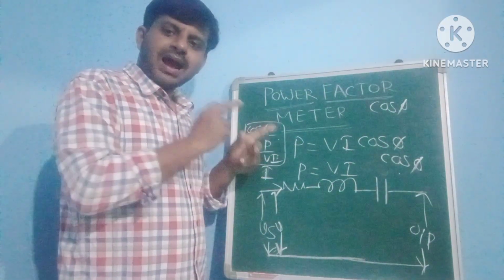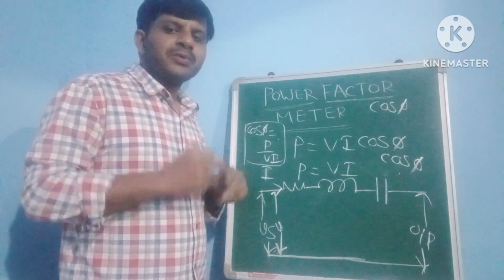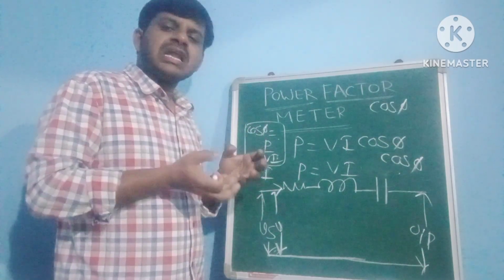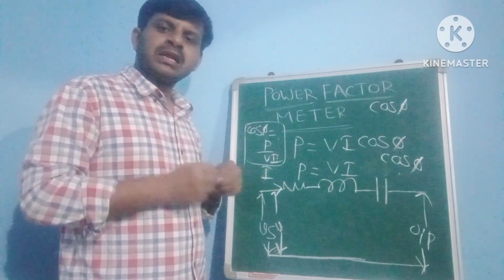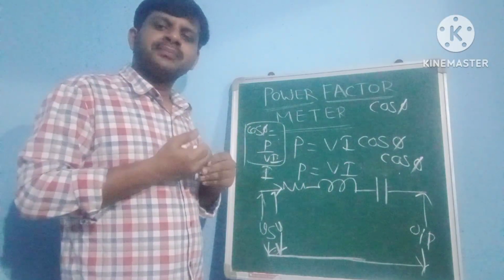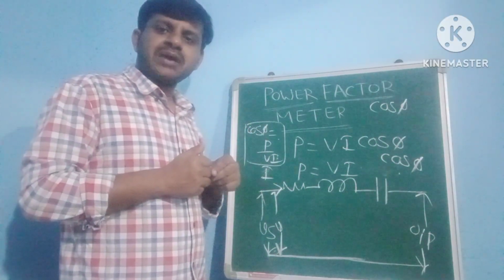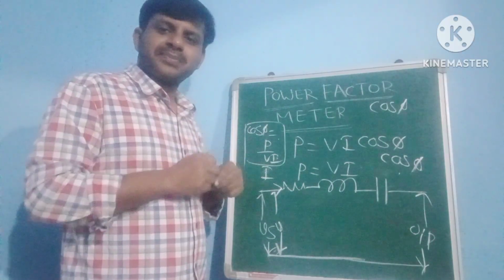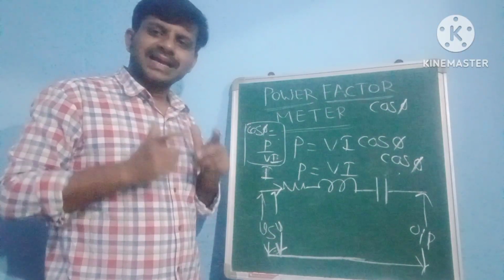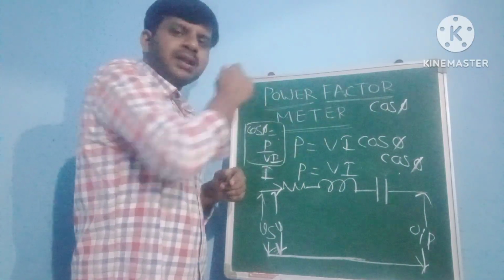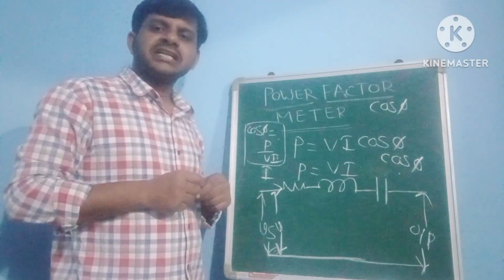With an ordinary dynamometer type wattmeter, we cannot quickly find the power factor angle; it takes more time. That is the drawback of the ordinary dynamometer type wattmeter compared to the power factor meter. So this is the importance of the power factor meter in transmission lines.